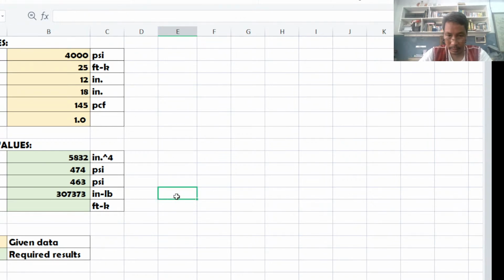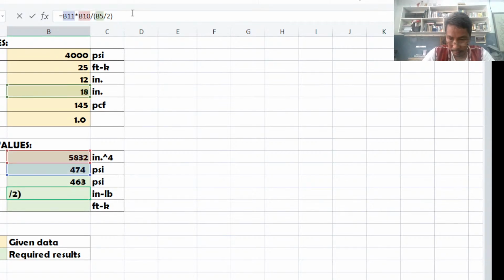Okay, we cannot do it like that. I know there is an Excel procedure for that, but I don't know how it should be done. But now we should just divide by 12,000.